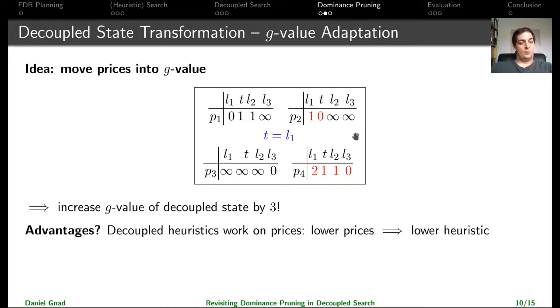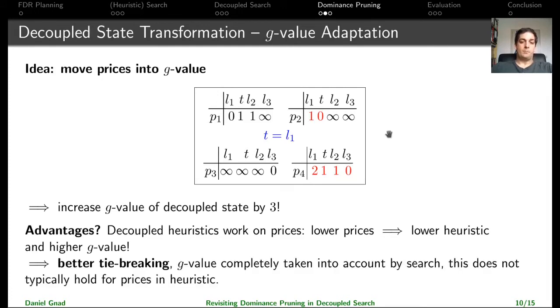Why would we do that? Well, there's a couple of reasons. So one thing I need to mention is that decoupled heuristics work on the prices, and the lower the prices are, obviously the lower the heuristic will become. And in turn, we will get a higher g-value. So this is obviously good for tie breaking in A star.